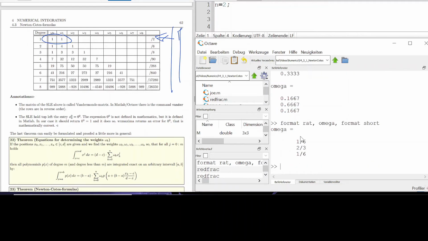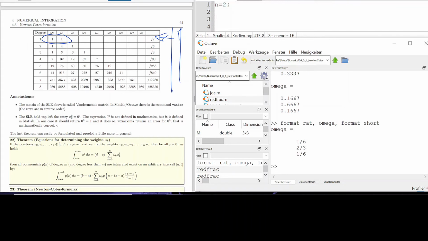And so we see omega is 1 divided by 6, 2 divided by 3, which is 4 divided by 6 here, and 1 divided by 6. So we reproduced that line. This is a dirty trick. We cannot be 100% sure that it's really these fractions, but it's true. So I don't want to call the computer algebra system in that video, but I did that on my own.